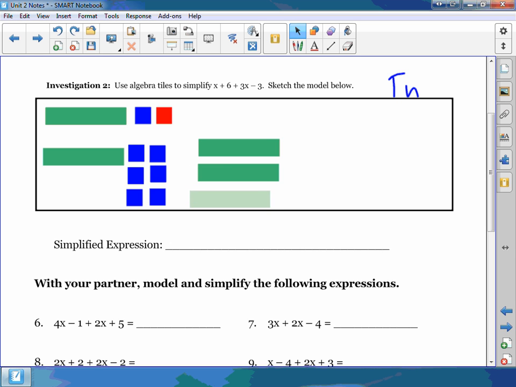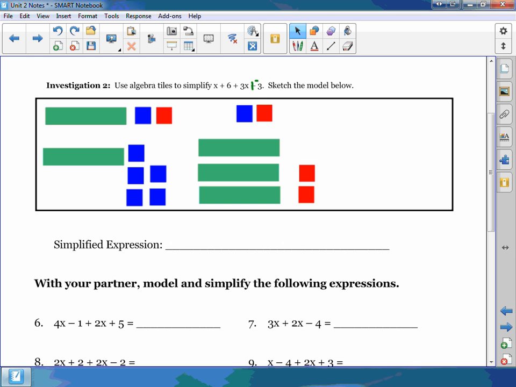Now it says minus 3. And we encountered this when we did our distributive property lab, where you had negatives. Well, minus 3 can simply be referred to as plus a negative 3. So I'm just going to add 3 red tiles to this. Now when we simplify it, we're looking for a zero pair. And a zero pair is just simply a red chip paired up with a blue chip, because the value of that combination is just 0.